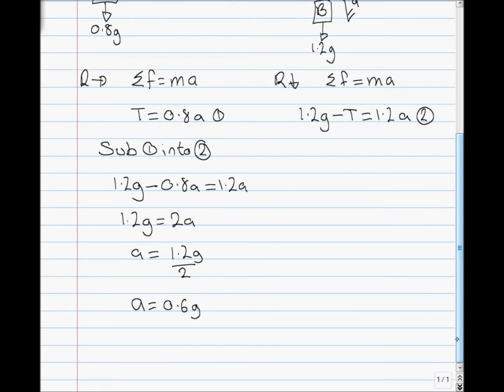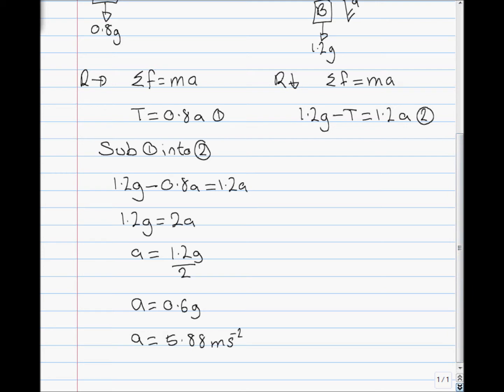I'm going to put down a numerical value for A, so A equals, put into the calculator, 5.88 meters per second squared.